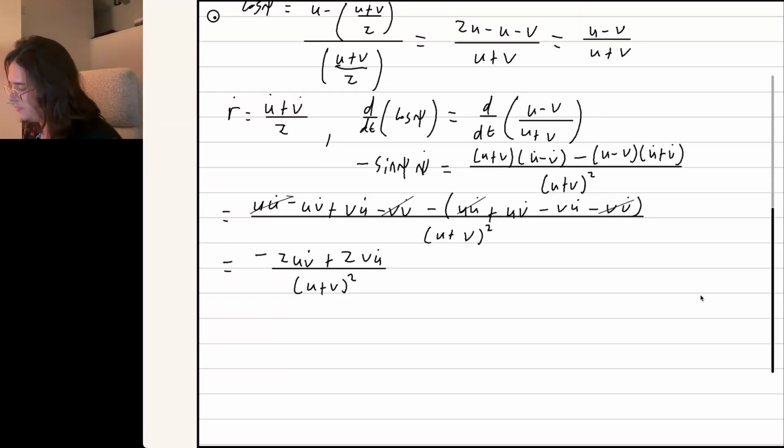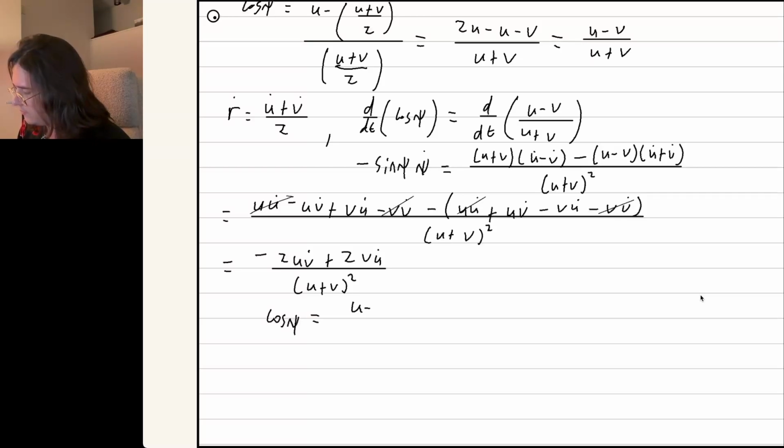But now we have to find out what sine of psi is in terms of u and v. So we started with this thing here, cosine psi equals u minus v over u plus v.